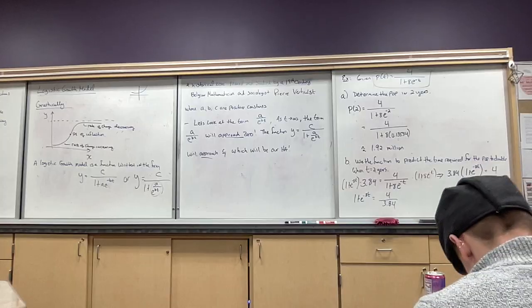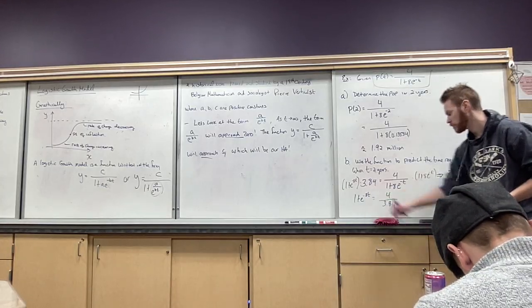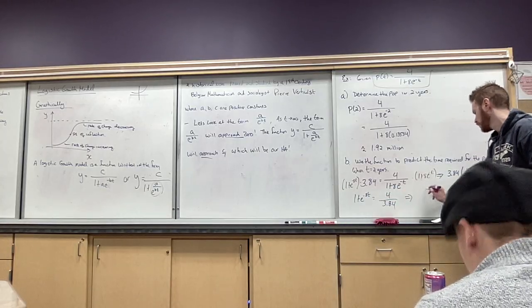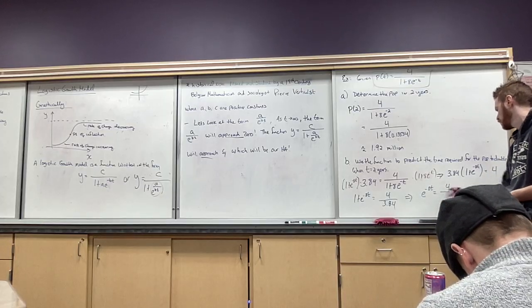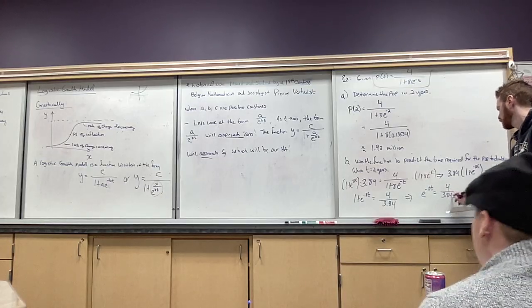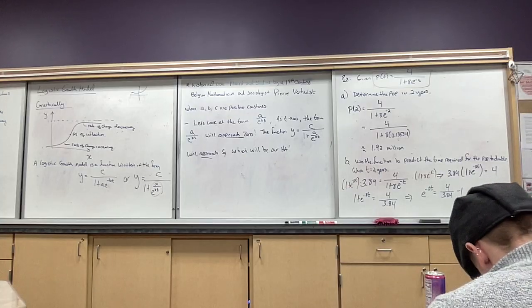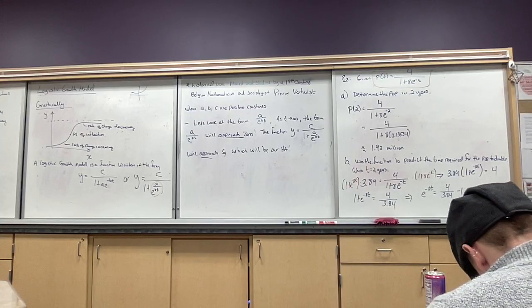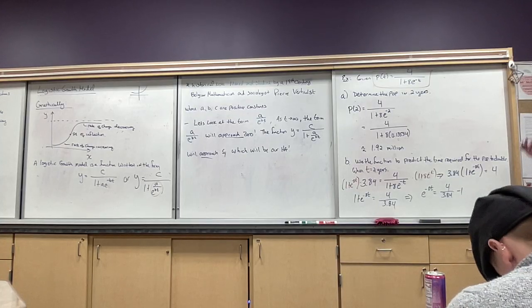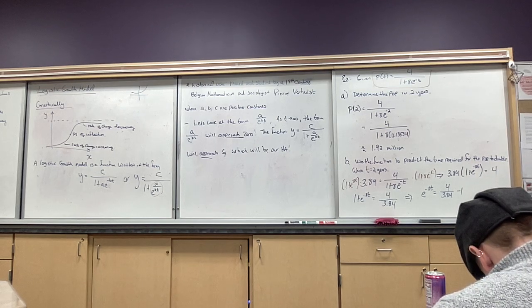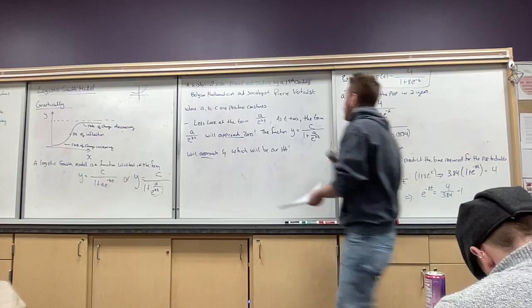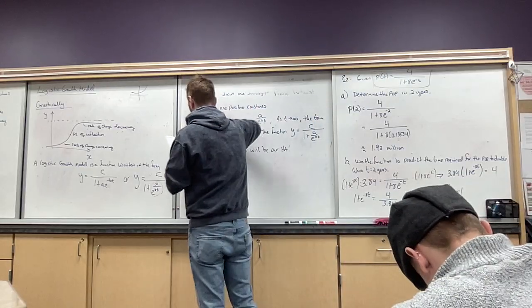Now I want to subtract 1 from both sides, because I want to get the exponential by itself. So we get 8e to the negative t equals 4 over 3.84 minus 1. Now I'm back to all those problems we talked about at the very beginning of this lesson. I could take the natural log of both sides, but I'm out of space, so I'm going to finish it on this board here.